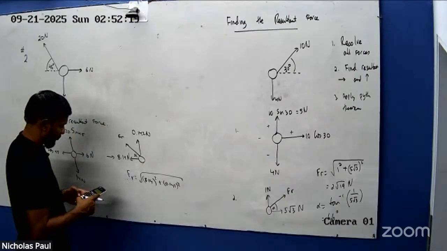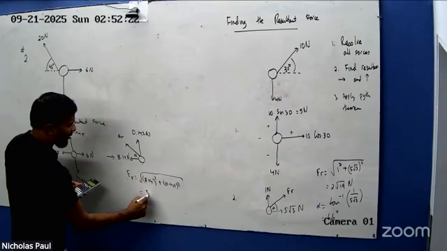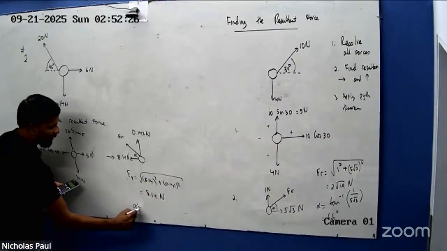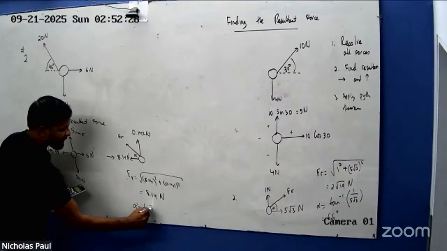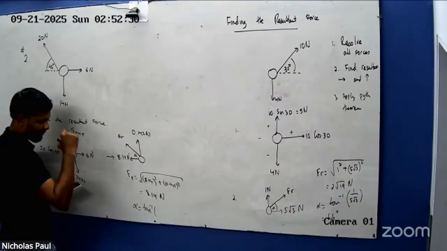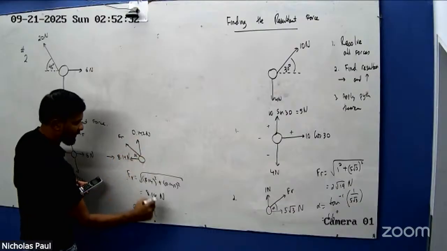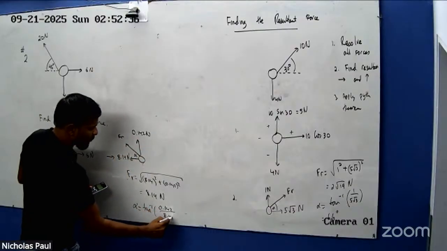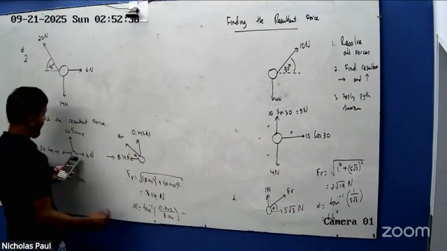So I got 8.14 newtons. And the angle will be tan inverse opposite, which is 0.142 over 8.14. Amrit, you got through with us?